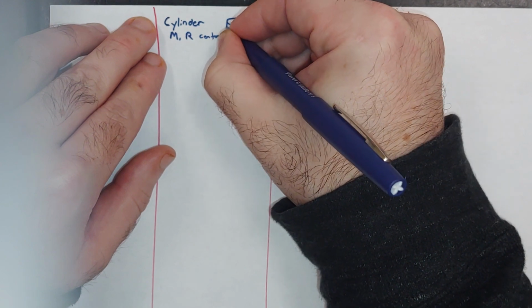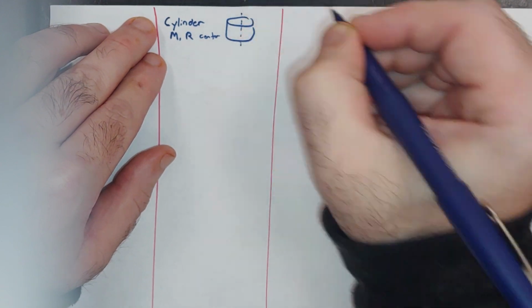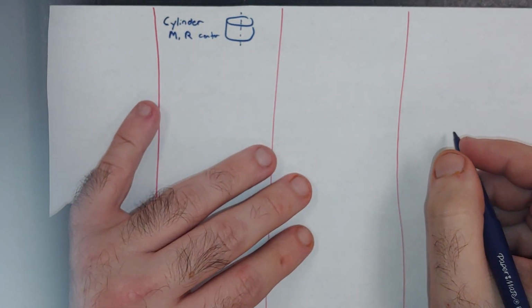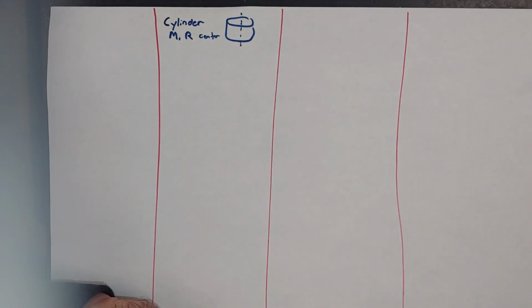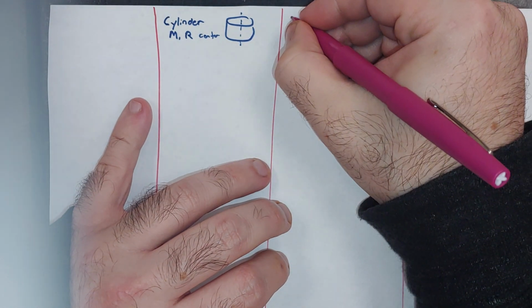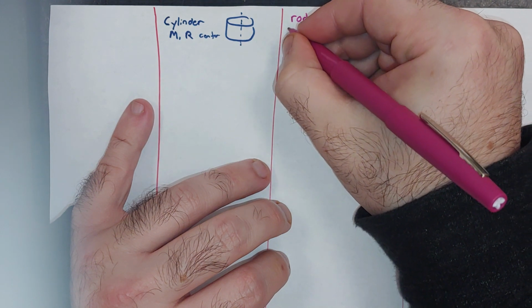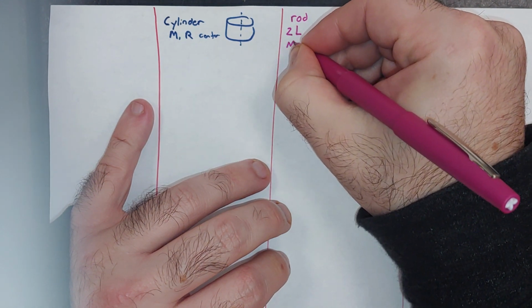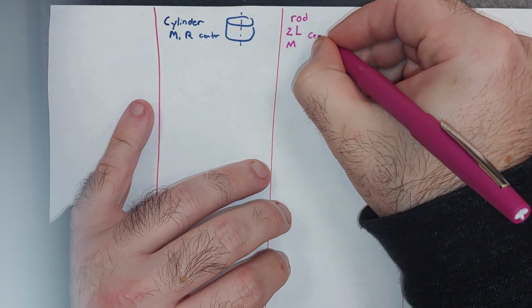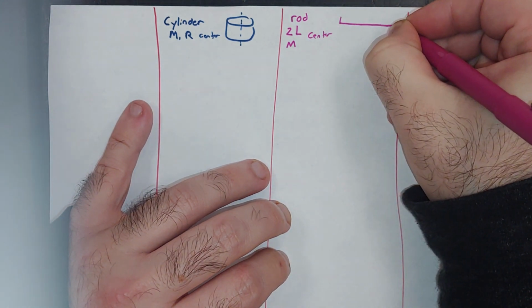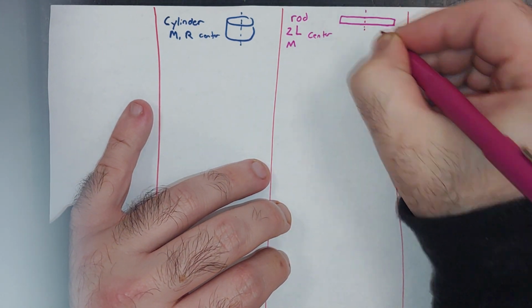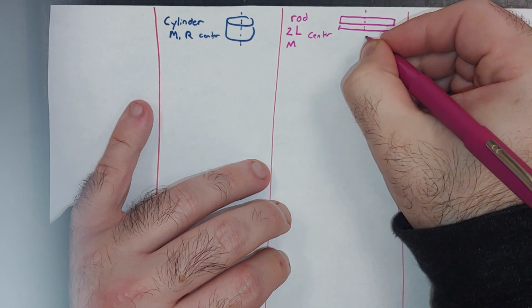Looks like this. We're going to figure out its moment of inertia. The second case is a rod of length 2L, mass M, also around the center. Total length 2L.